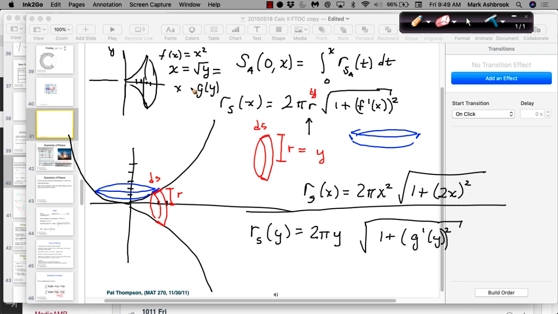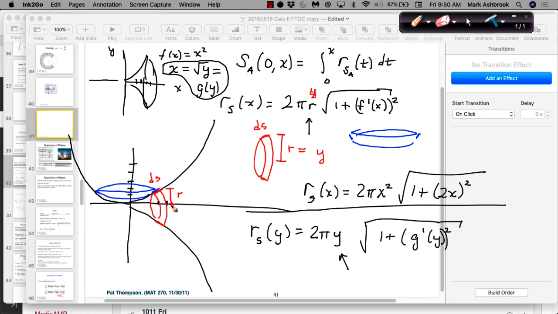Whereas this is now writing x as a function of y. And so the question is, what is that in this function? We need to write this in terms of our independent variable y. So what is it? Do I change it to x squared or square root of x or square root of y? No, it's just y, right? This is already in terms of y.